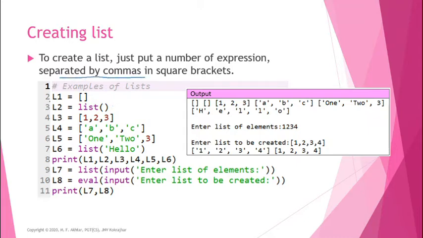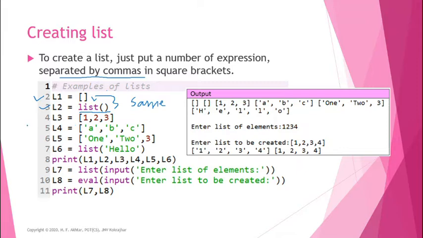See here, the same empty list we have created, and this list is stored in a variable L1. Then the second list we have created also creates an empty list, same as the previous one. Both are the same, but the ways are different to create lists.